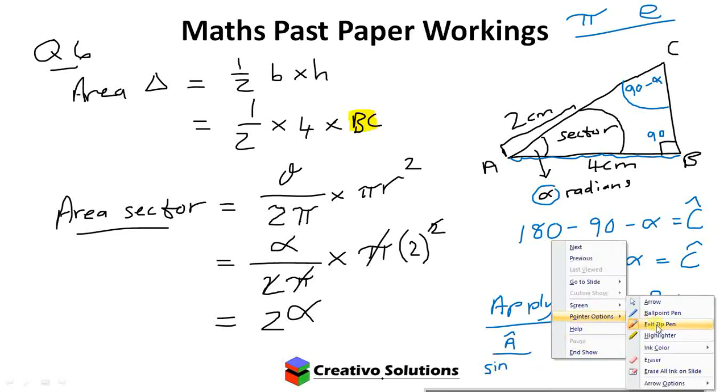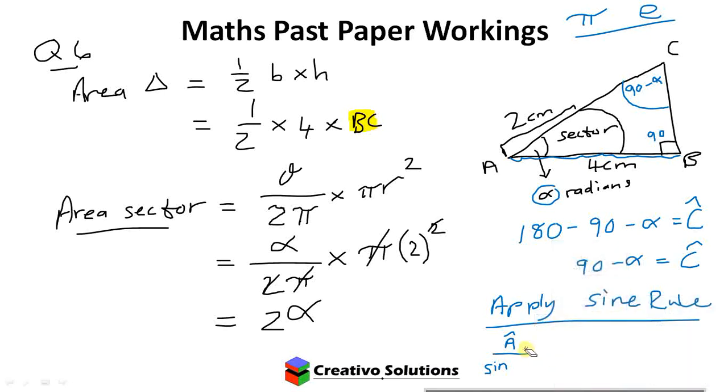So side BC. Let's use that. Apply sine rule. So BC is that there, and then you've got this sine, so that the side over the sine angle, which is sine alpha.